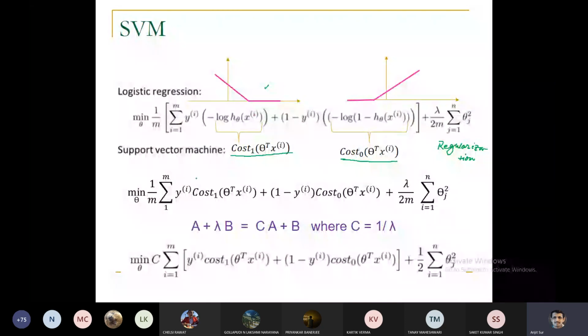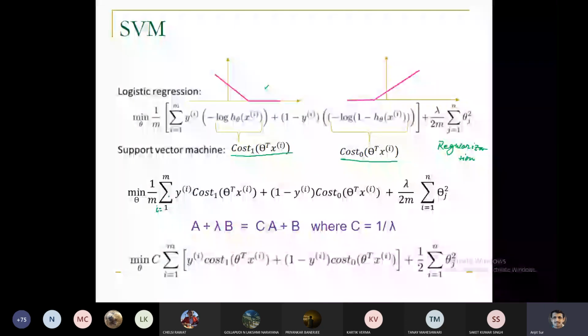Because this is our cost function, we have to minimize this with respect to theta. 1 by m is our normalization factor, i is equal to 1 to m, the total number of data samples.